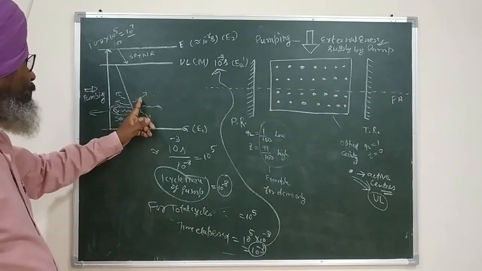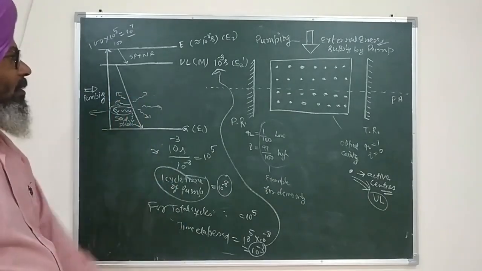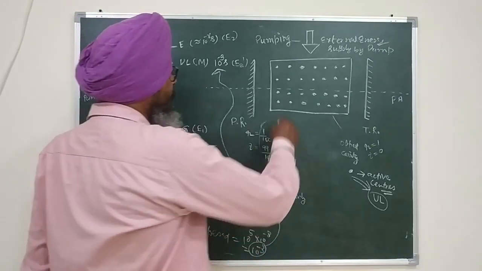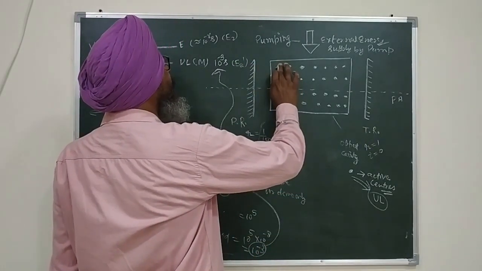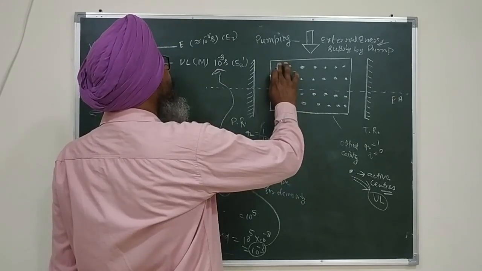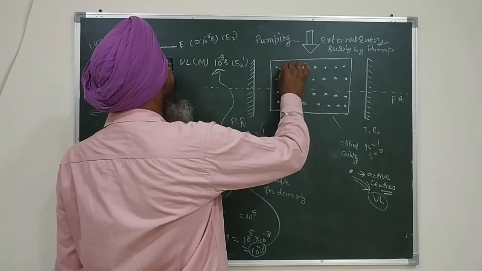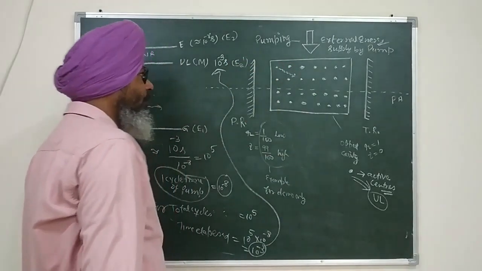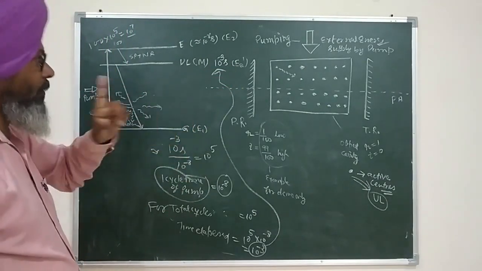What will happen to these photons which are not emitted parallel to the principal axis? Let us discuss that first of all. Suppose this is one of the atoms which has spent 10 raised to power minus 3 seconds. Therefore, this atom will de-excite after 10 raised to power minus 3 seconds, and it will emit a photon. The energy of that photon will be E2 dash minus E1.